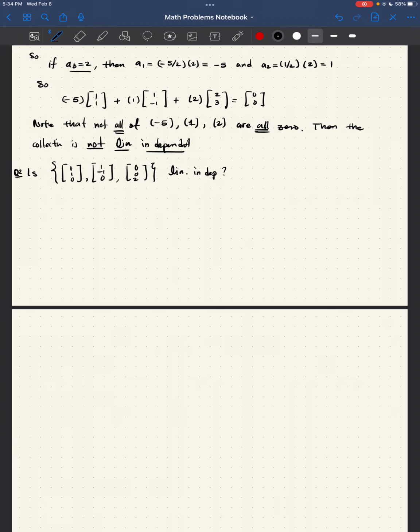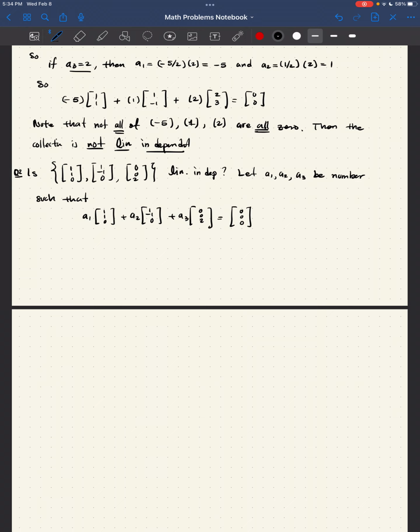Well, who knows? We'll start just as before. Let A1, A2, A3 be numbers such that we have A1 times (1, 1, 0) plus A2 times (1, -1, 0) plus A3 times (0, 0, 2) equal to (0, 0, 0), the zero vector.